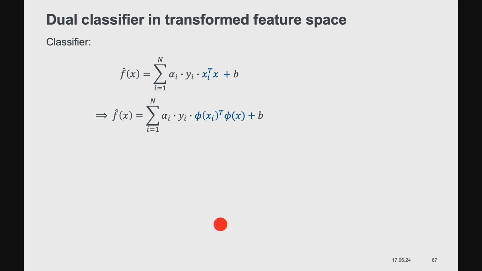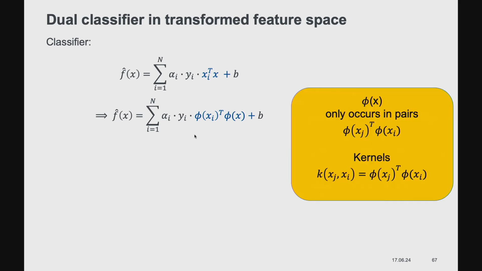But when you take the dual representation, rather than xi transposed x, what you get is phi of xi transposed phi of x. And no matter what the function is, you might still compute it at this point. You could then solve this dual problem and find the optimal separating hyperplane.